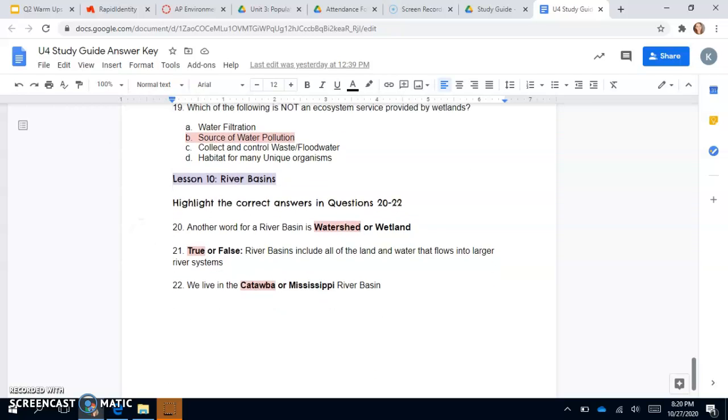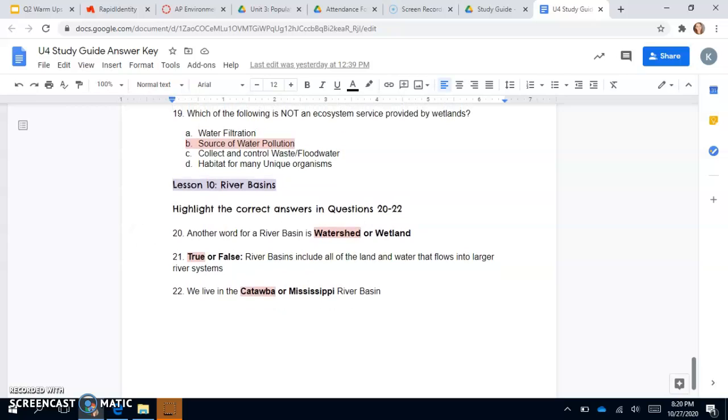And finally, just to wrap it up, 19, which of the following is not an ecosystem service provided by wetlands? And that's going to be a source of water pollution. Remember when we talked about wetlands, there's 3 very important things they do. They filter water, they collect and control waste and flood water, and they also provide a habitat for a lot of different unique organisms as well.